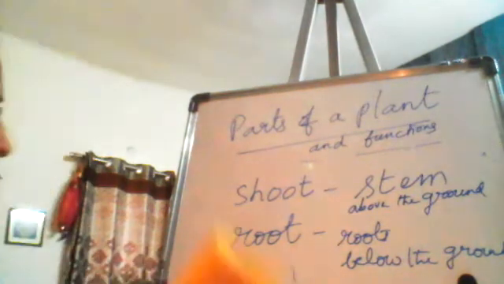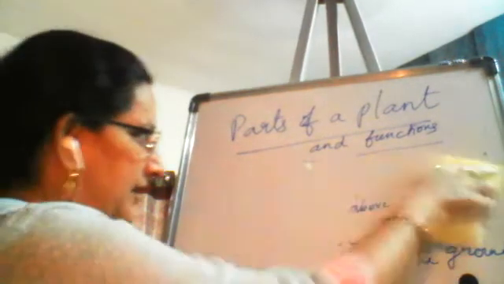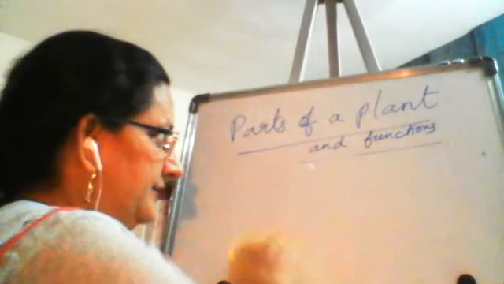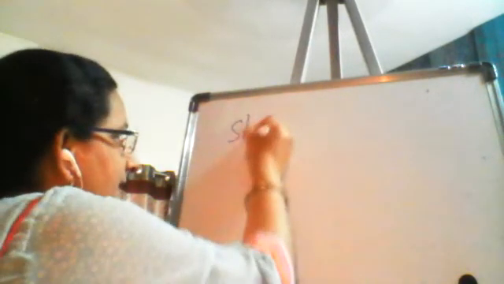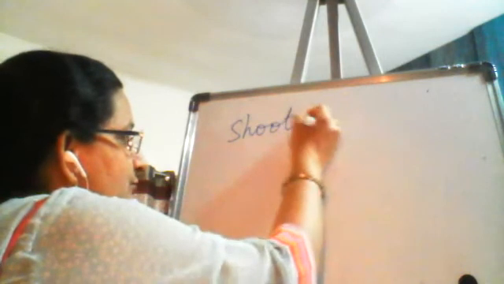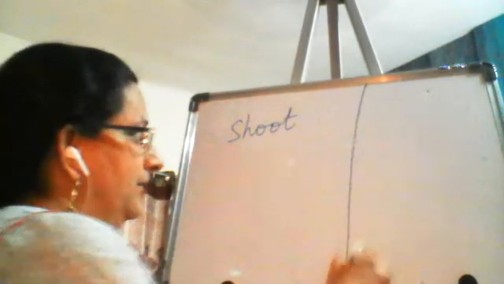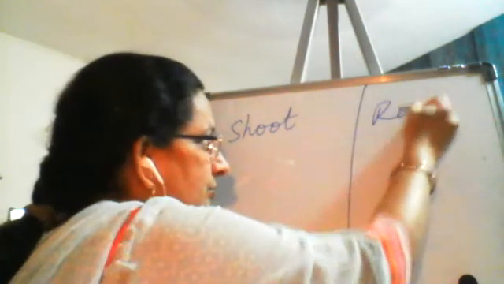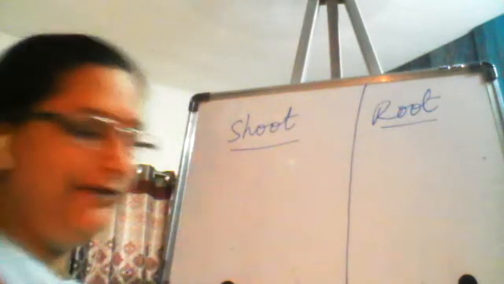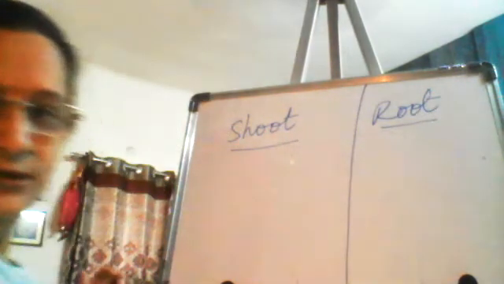So let's understand what a shoot contains and what a root contains afterwards. First, let us understand what the shoot system has. So I will keep the heading shoot and the root. Okay. So what do we have in the shoot system?